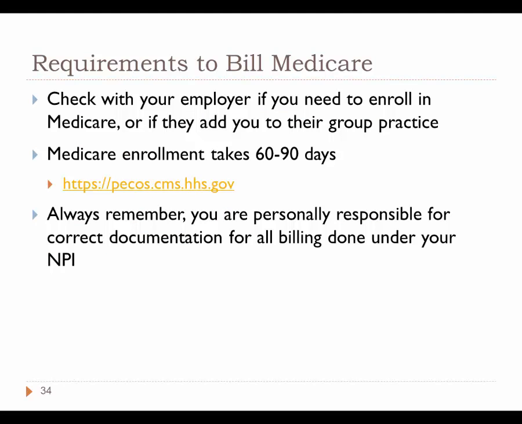Once you have your NPI, your employer will use that number for all billing for your services. Your employer may also have a group number for billing Medicare. Your NPI number will be used to enroll in Medicare if you are a solo practitioner. Remember, you are personally responsible for all billing done under your NPI, even if your employer is doing the billing.